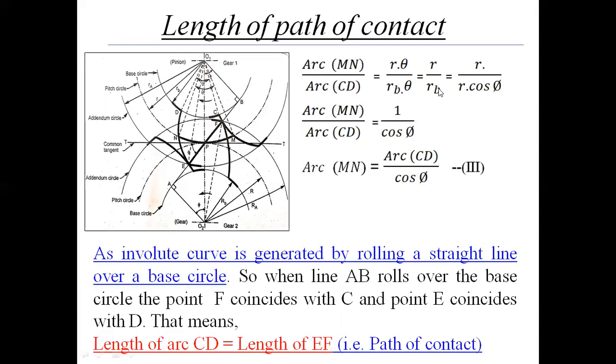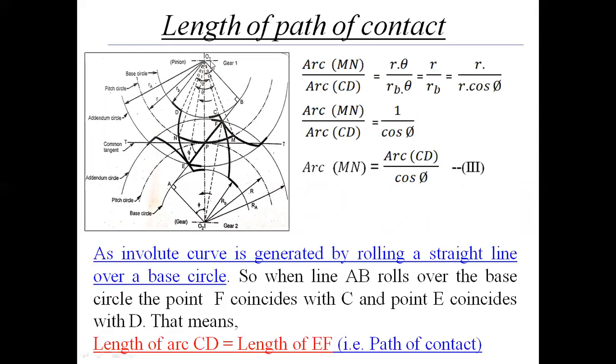In the previous lecture, we have already discussed the length of RB. For finding the length of RB, that is O1B, we considered the triangle O1BP. In this triangle, the angle at B is 90 degrees.